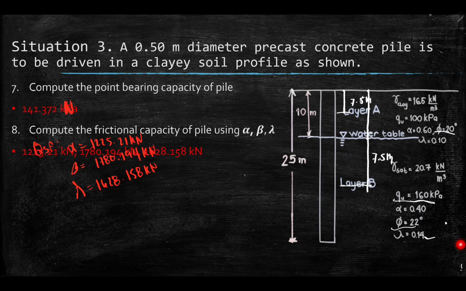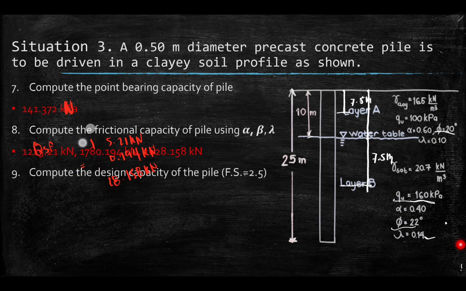So, for our next problem, compute the design capacity of the pile if our factor of safety is equal to 2.5. So, ang gagamitin ko lang dito, design capacity, di ba yan yung ating Q allowable.